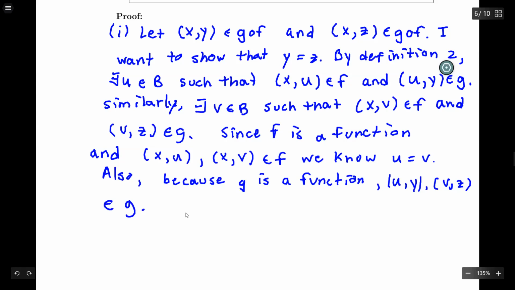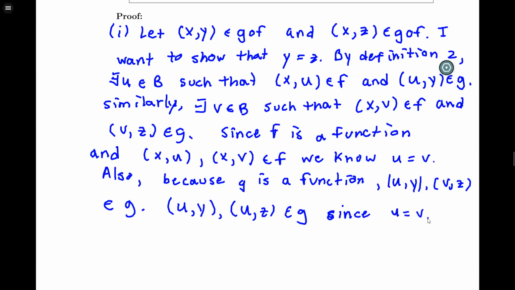So really what this simplifies to is (u, y) and (u, z) are in g, since u equals v.